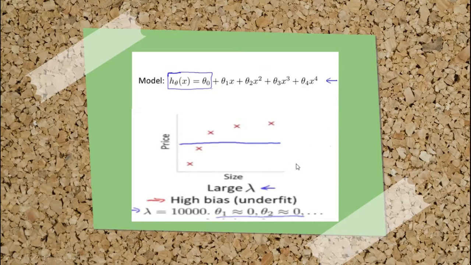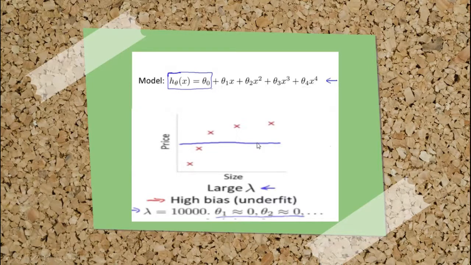Consider a very large value of the regularization parameter lambda, such as if lambda were equal to 10,000, some huge value. In this case, all the parameters theta 1, 2, 3, and so on will be heavily penalized, and so we end up with most of these parameter values close to 0, and this hypothesis will be roughly h of x approximately equal to theta 0, a flat constant straight line.